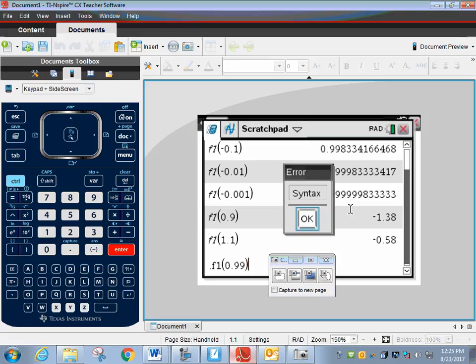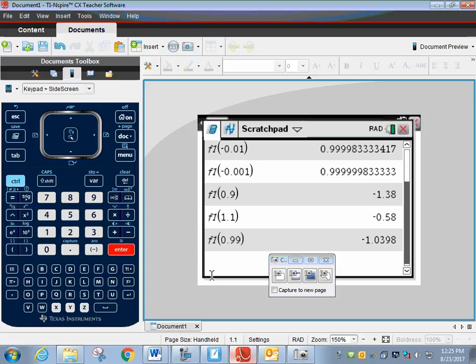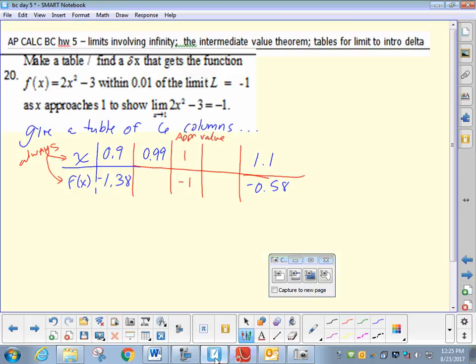Oh, shoot. 1.03. Oh, thousandths. Okay, so that didn't work. 1.001 did work. All right, so I tried 0.999, I got nothing, or didn't quite get there.